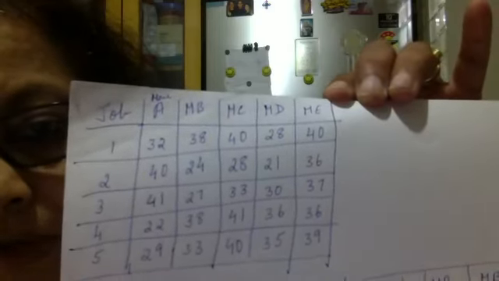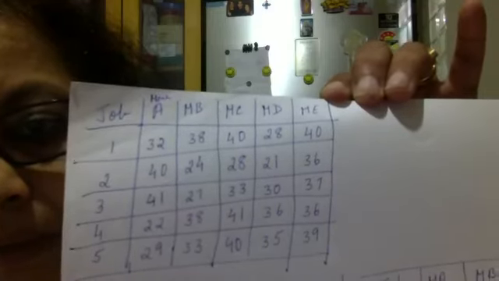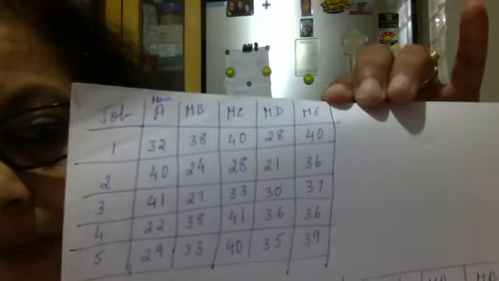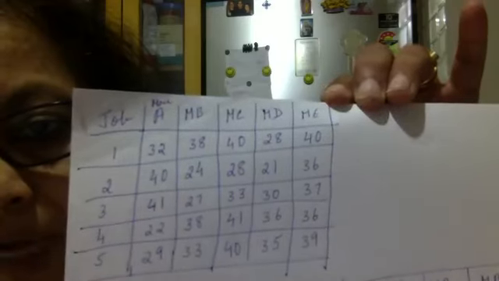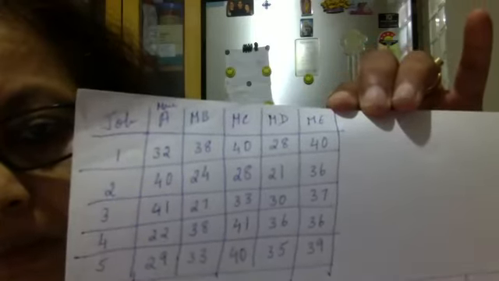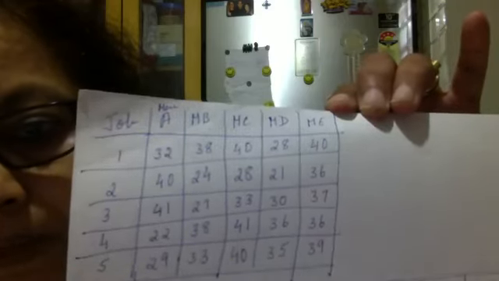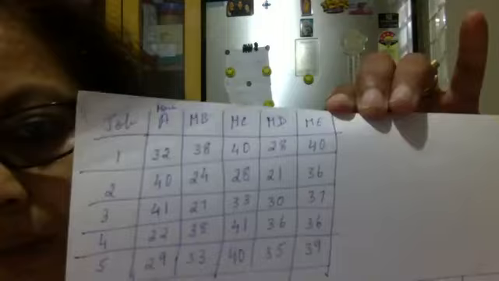So don't tell me 41 is greater than 40. There, it will become as if there is no choice. So the first allotment will have to go to 36 because it is less, isn't it? As I told you, maximization has become a minimization problem. So there, go for 36. So job 2 will go to ME.